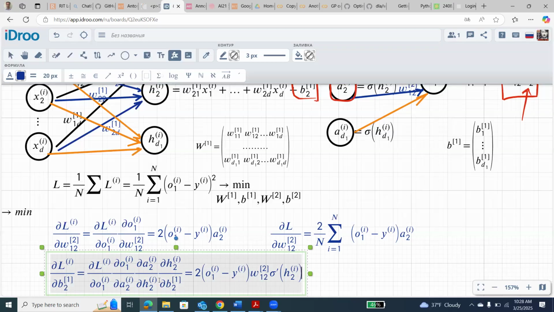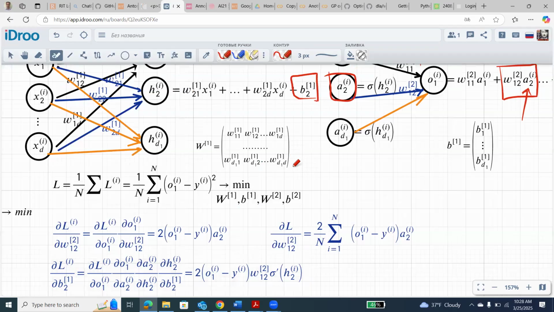Problem 2. Assume now that the input dimension is d and the hidden size is 10. Write the dimensions of all matrices. So let's think about what is the dimension of this matrix. Its dimension is the number of rows, which is the size of our hidden layer, times the number of columns.